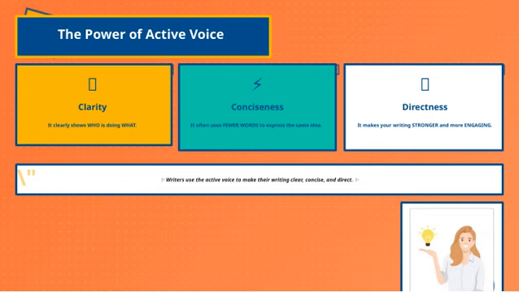And finally, directness. Using active voice makes your writing stronger and more engaging because it feels more immediate and confident. Overall, writers use the active voice to make their writing clearer, more concise, and more direct. When we apply this in our work, our messages become more effective and impactful, which is exactly what we want to achieve in this presentation.